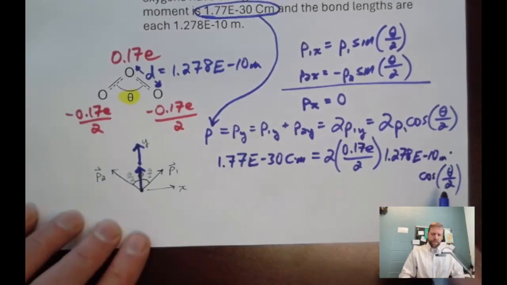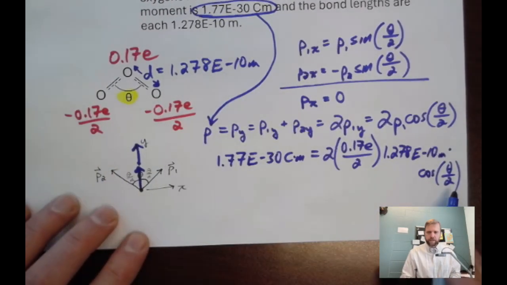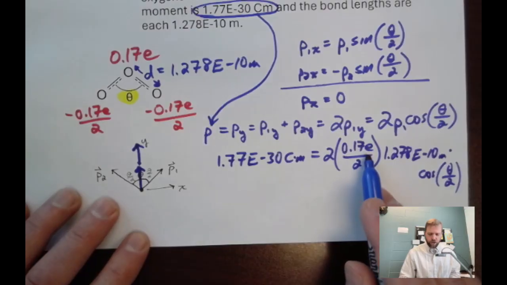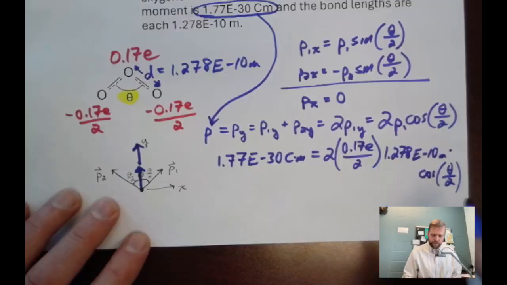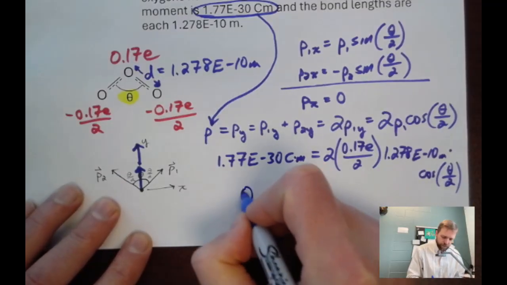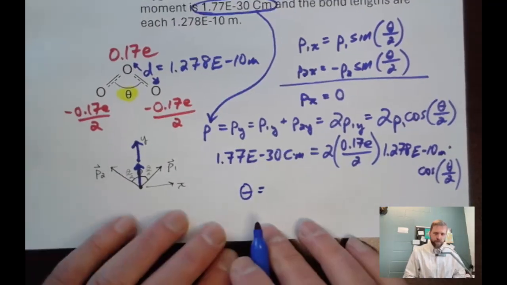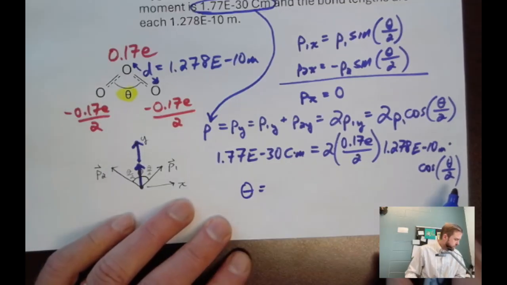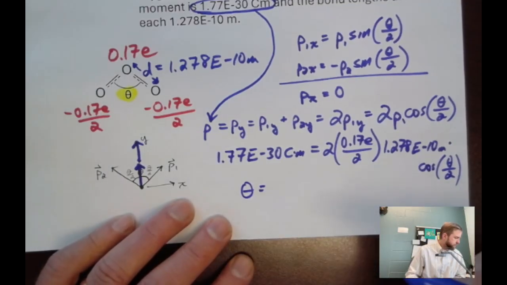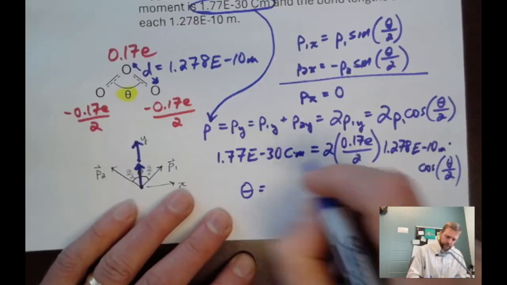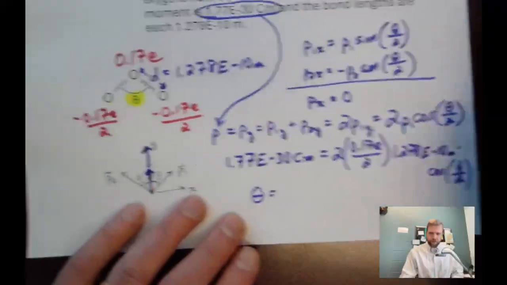Now the only thing we don't know is theta over 2. E is the elementary charge, and we've got that in our calculator. If you crunch through these numbers, I got theta is 117 degrees, I think. Here, let's punch through it real quick.